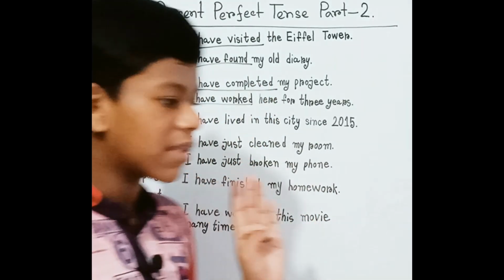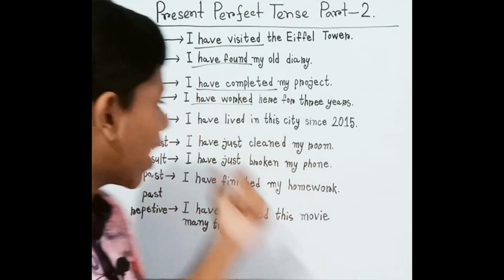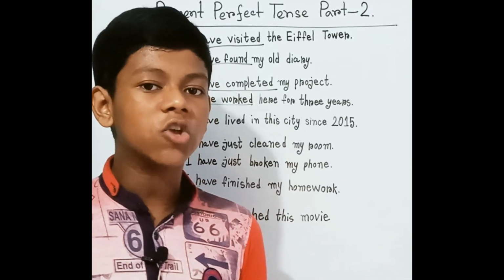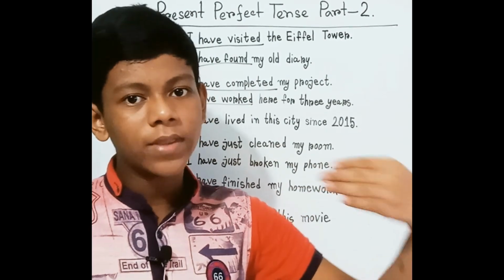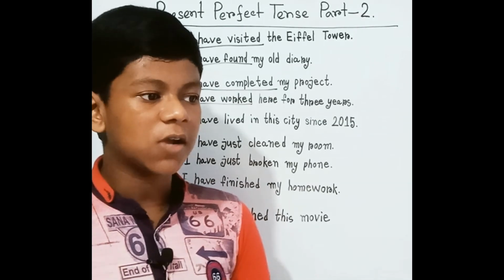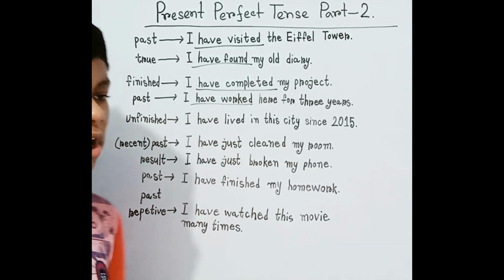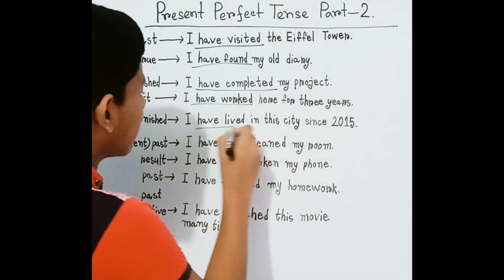Okay, so the result exists, but the task is unfinished. You started it, and you keep living there. When you will leave that city, there isn't any guarantee. So at this time, what can we use? We can use the present perfect. That is, I have lived.